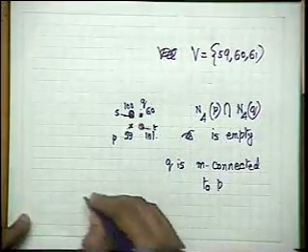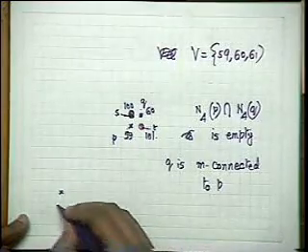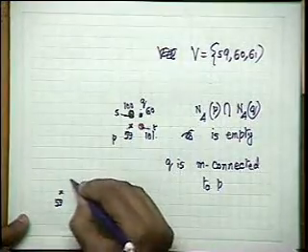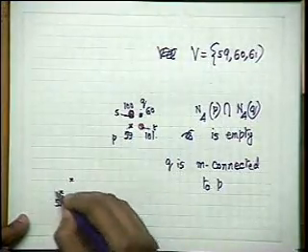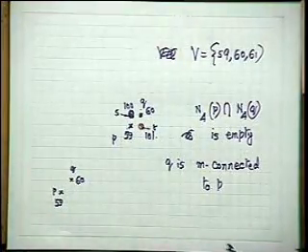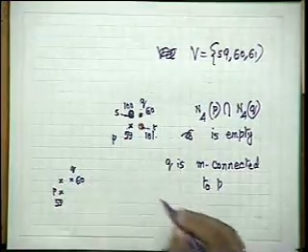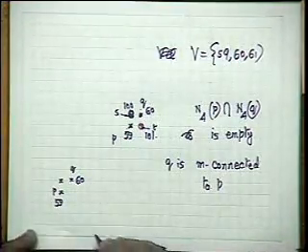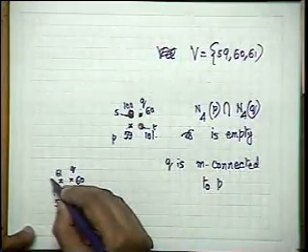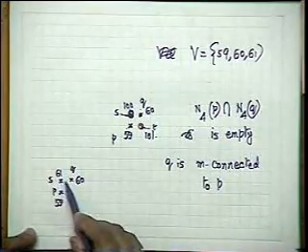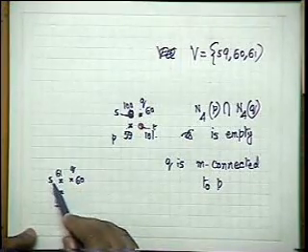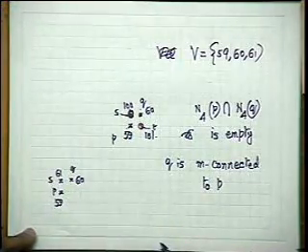Let us take yet another example. Supposing I have pixel P having intensity 59 over here. This is point P, and this is point Q having intensity 60. And I have yet another pixel over here whose intensity value is 61. This is the pixel S, let us say. Pixel P has a value of 59, Q has a value of 60, S has a value of 61.